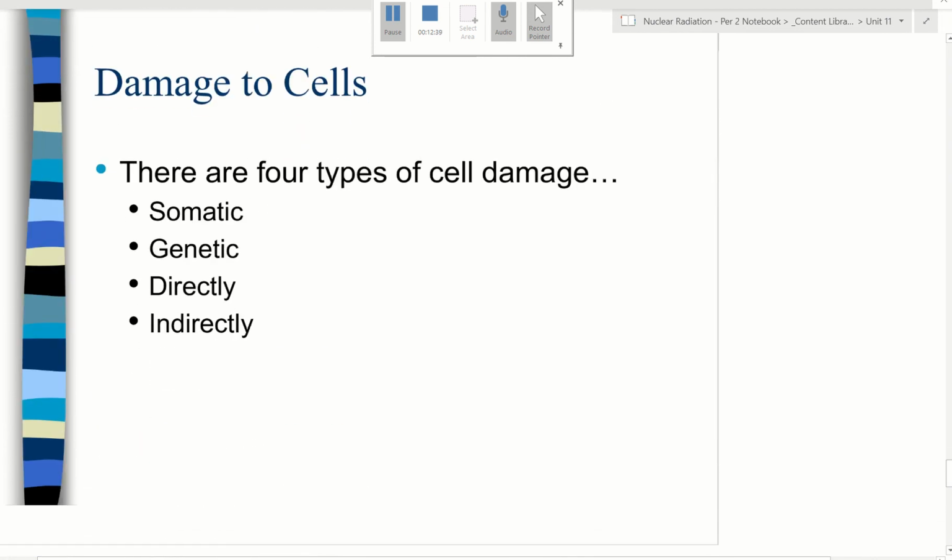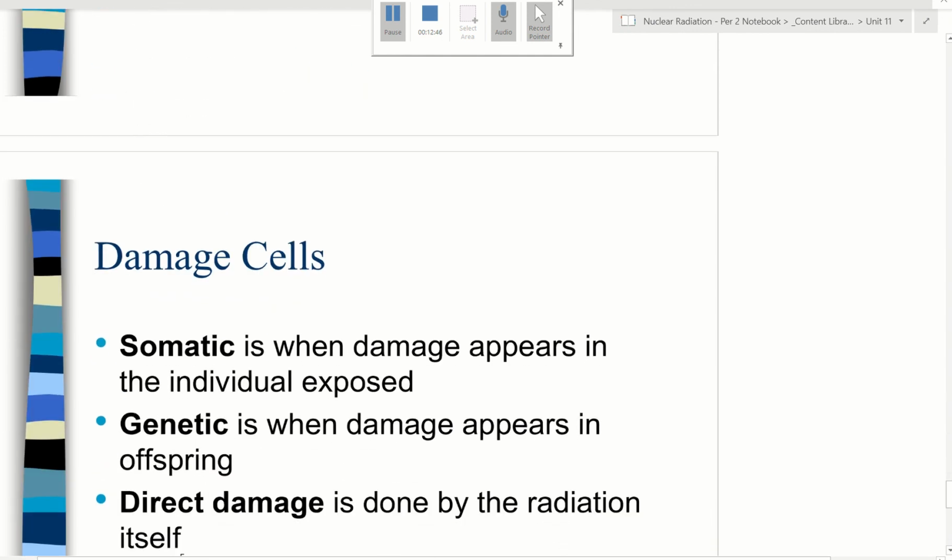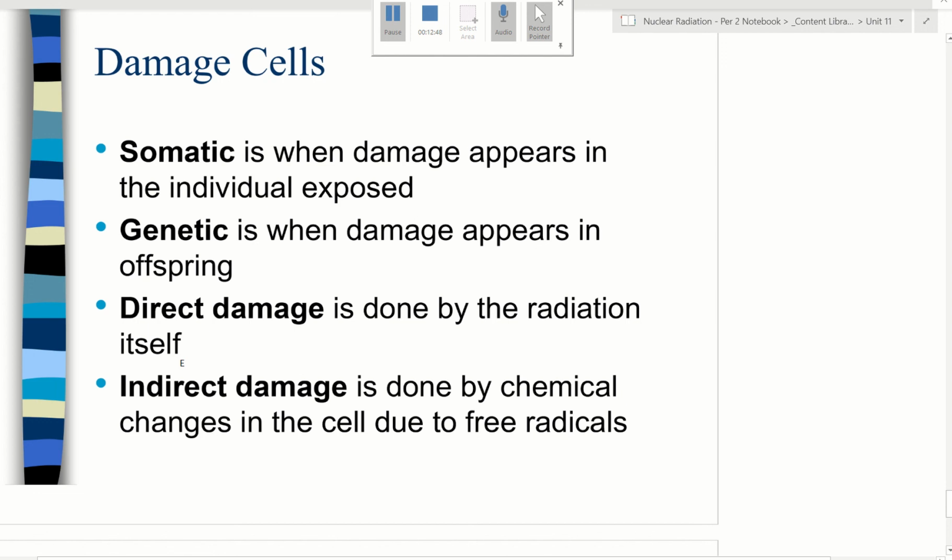Damage to cells, there are 4 types of cell damage. There's somatic, genetic, direct, and indirect. And here's just a brief rundown of each one of these. Somatic damage is when the damage appears in the individual that's exposed. So the individual that's exposed has some sort of deterministic effect. They have reduced capacity to function normally.